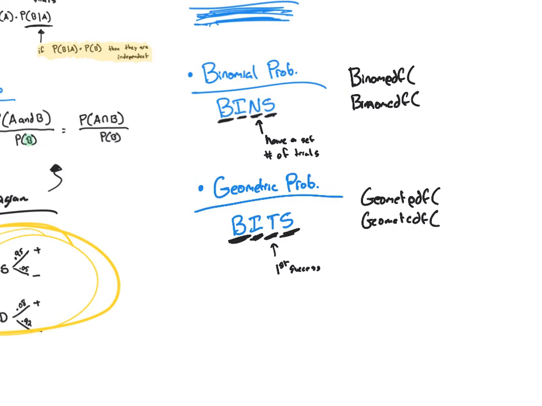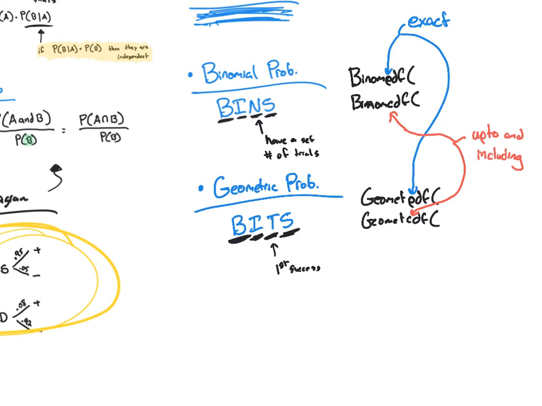Just remember, if you're using the PDF function, we're looking for an exact value. So what is the probability that exactly 7 out of 10 occur? That's a binomial PDF. What's the probability that the first success is on exactly the 7th trial? That's a geometPDF. We will use CDF for up to and including.